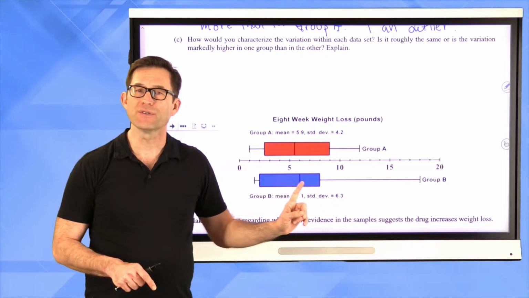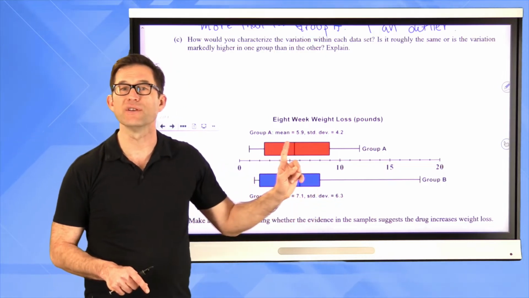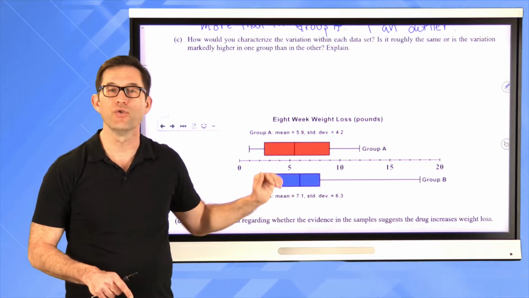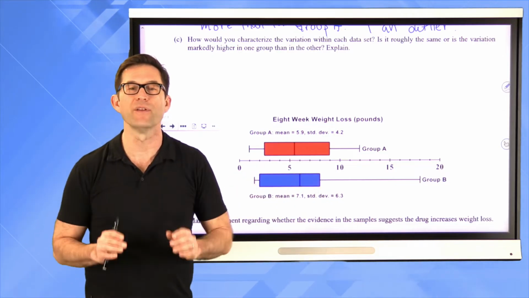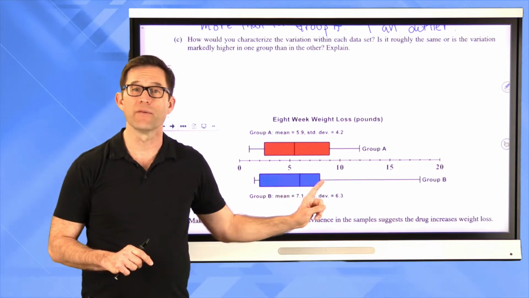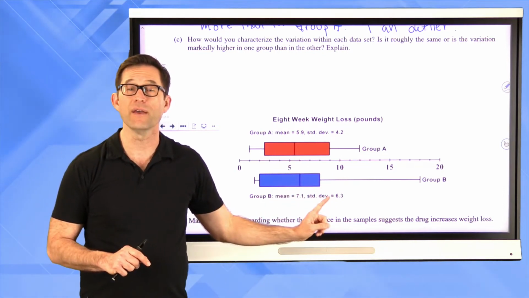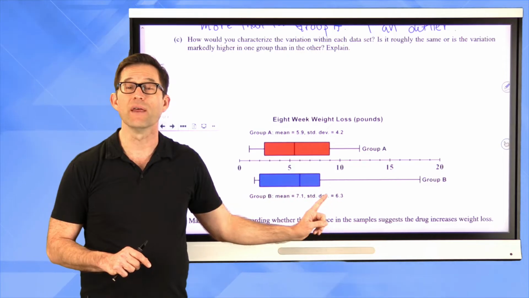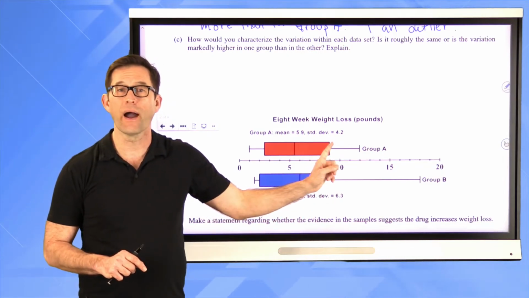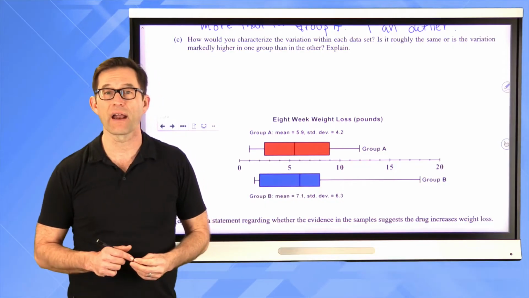And for those two, the interquartile range is roughly the same, indicating that the variation in the two groups, at least in the middle half of the data, is roughly the same. On the other hand, the other measurement of variation we have is the standard deviation. And the standard deviation in this particular group, being 6.3, is considerably higher than the standard deviation in that group.